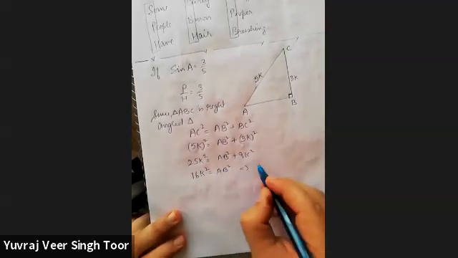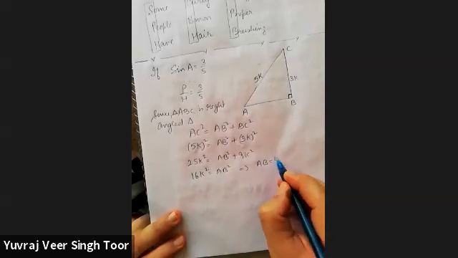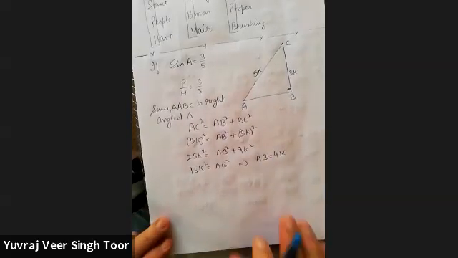This implies AB is equal to 4K. So we have the base as 4K.